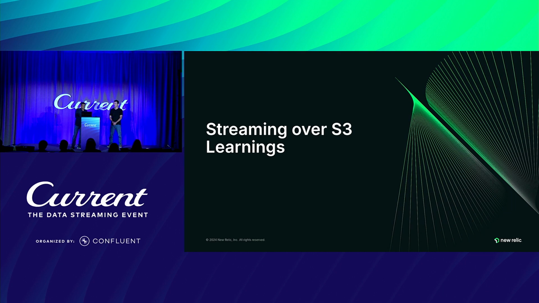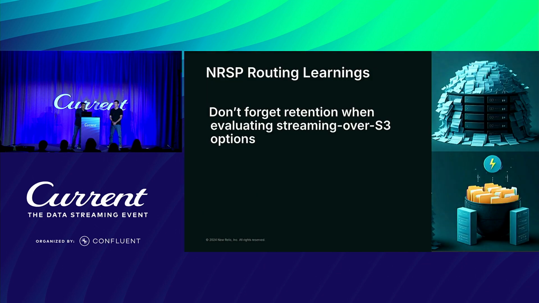Now let's take a look at some of our learnings. We learned some of these the hard way. We hope that they'll be useful for you. The first learning is that when evaluating streaming over S3 options, give retention the importance that it deserves, because retention is very, very important in any of these options.